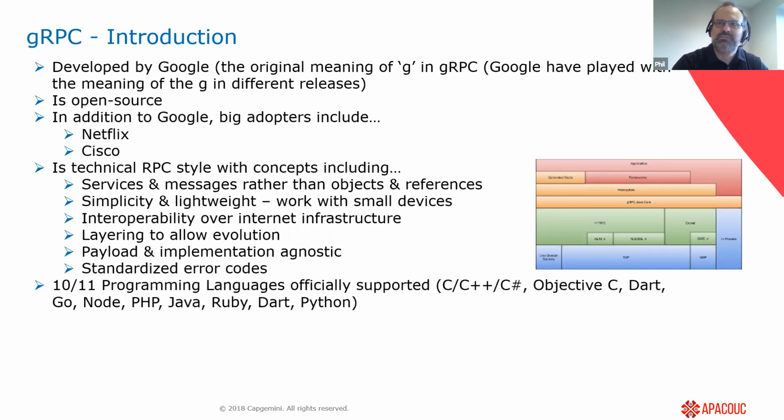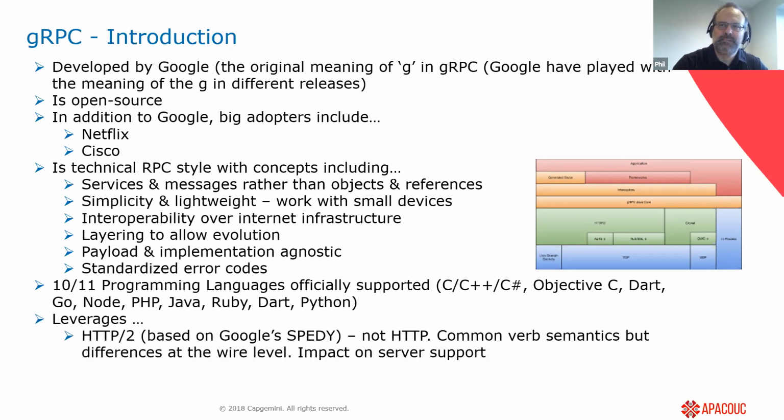Because it's more of a technical one, the way it works is you actually end up building code, and obviously that means that we need to be able to take the definition of a gRPC interface and compile it into a particular language rather than just using a framework. And therefore, we're somewhat dependent on having the compiler.